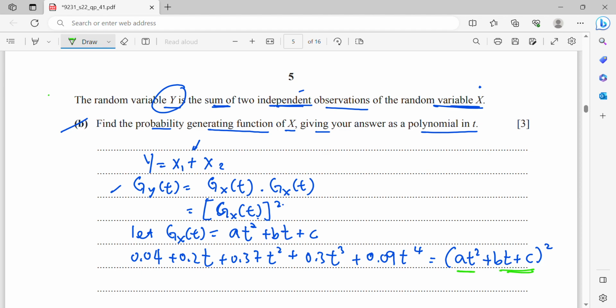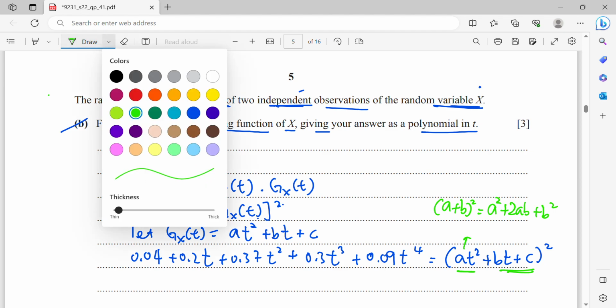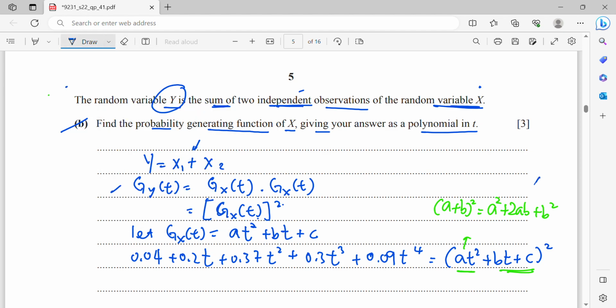So I let this be the first term, at squared, and the bt plus c as the second term. So then I will use a formula, (a plus b) squared equals to a squared plus 2ab plus b squared. Another option is you can just rewrite the bracket and then you do the expansion one by one. Alright, so now I'm going to use this formula to solve the problem.